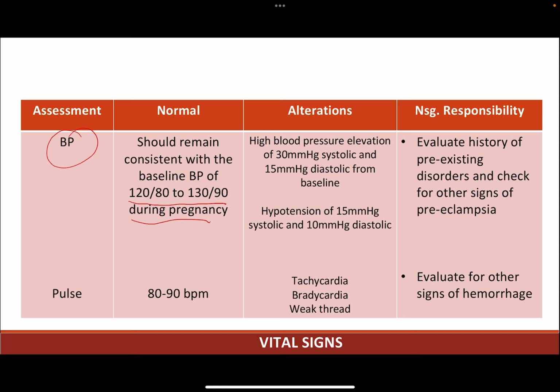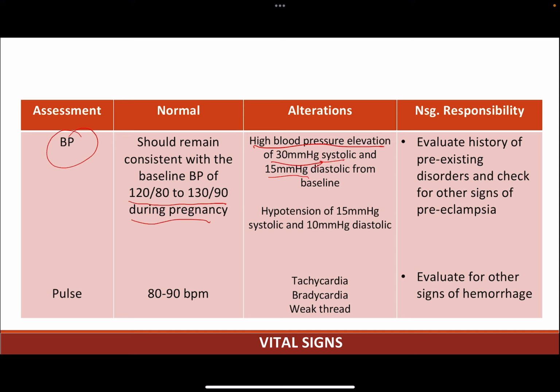In the alteration, the patient has high blood pressure, an elevation of 30 mmHg systolic and 15 mmHg diastolic from the baseline. Hypotension is a drop of 15 mmHg for the systolic and 10 mmHg for the diastolic.